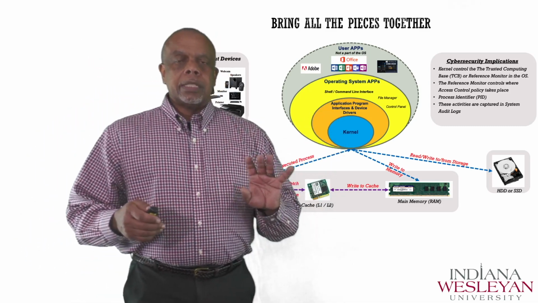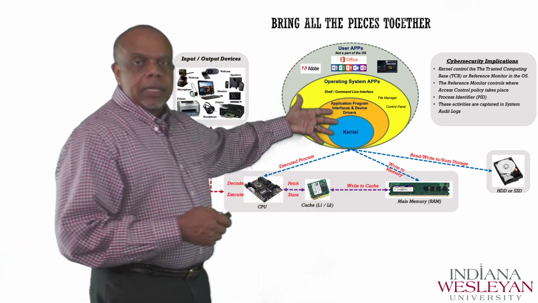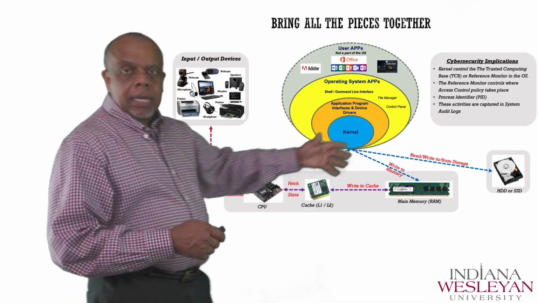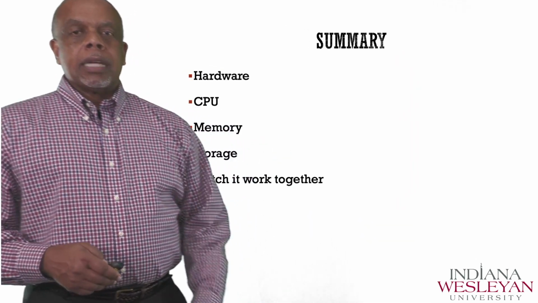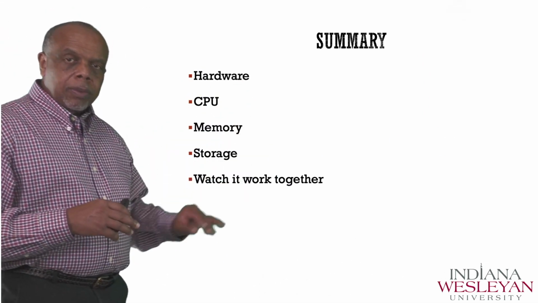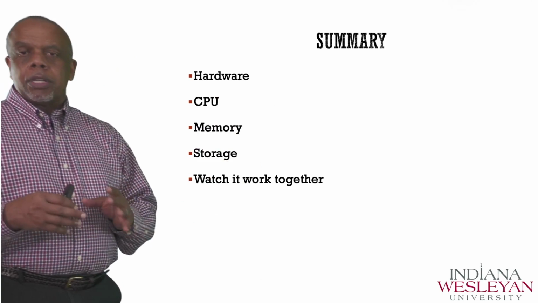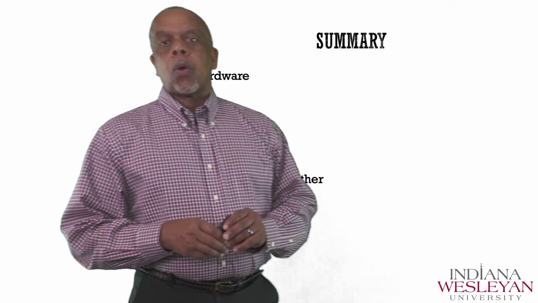All right, so now we've brought all these pieces together: our hardware layer, operating system, I/O devices, and how we secure it. All right, so let's wrap this up. In summary, we've talked about a lot of things. We talked about the hardware, CPU, memory, storage, and then we looked at how it all works together.